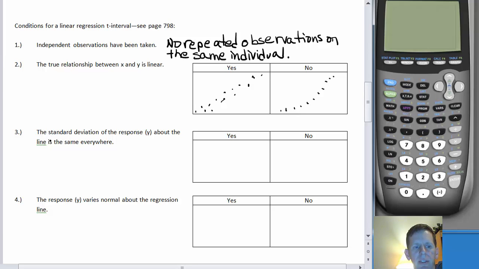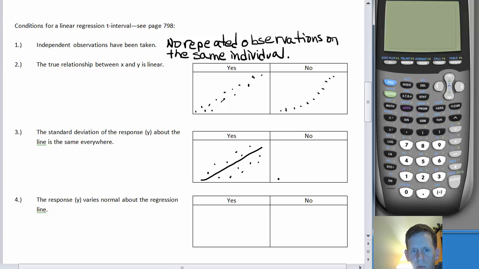The third condition is that the standard deviation of the response about the line is the same everywhere. So if we have our least squares regression line right here, what we would expect to see is that for the most part, points are more or less equally spaced above and below the line. And regardless of where we are along this line, for the most part, the points are equally spaced out.